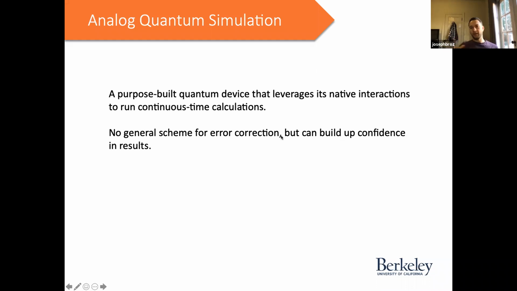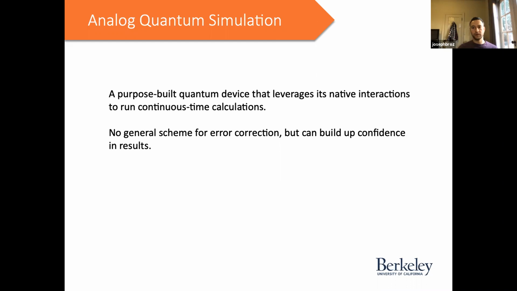Also, if you had a really useful analog quantum simulation right now that people are really interested in, you can imagine that would promote somebody from a completely different platform to try to implement it. So if I came with a really great analog simulation in trapped ions, and people were really interested in it but weren't completely confident, another way to build up a ton of confidence is to have somebody, completely independently, maybe on the same platform or a completely different platform like superconducting circuits, run that same sort of analog simulation.